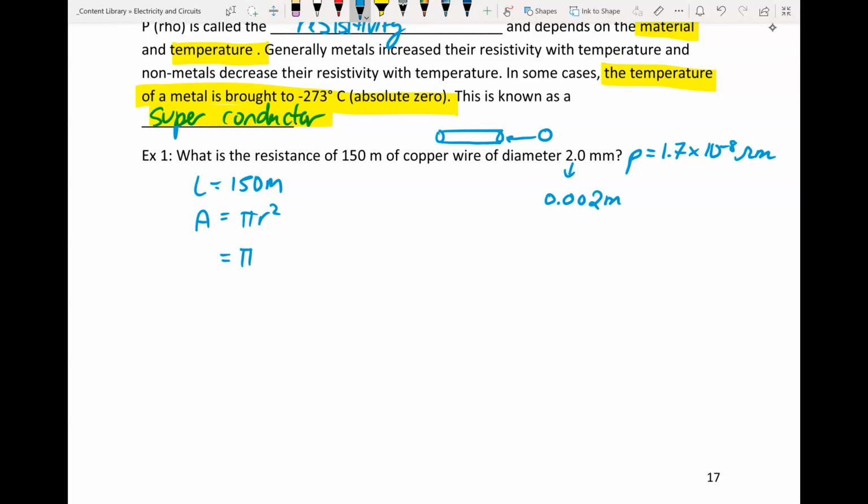Okay, so let's put this into our formula. Remember that we had the diameter, so to get the radius, we do need to divide it by 2. And then you're going to put this into a calculator. You should get 3.14 times 10 to the power of negative 6 meters squared.